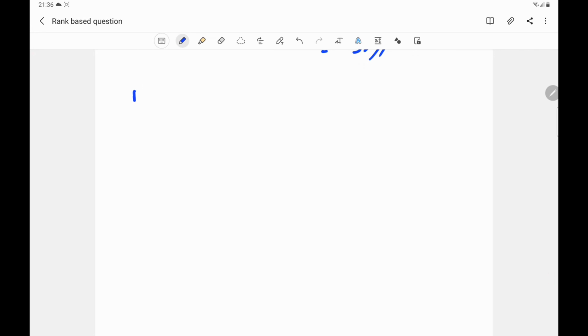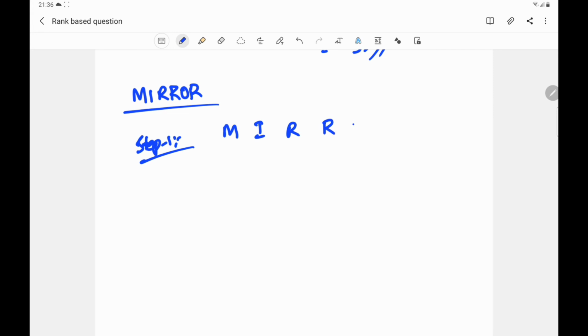Now the word given is mirror. You need to find the rank of the word mirror. So step 1, I'll write this word as it is and give the ranks to each and every letter of this word. If we go from A to Z, the first letter that is going to appear is I, so the rank for this I is given as 1.